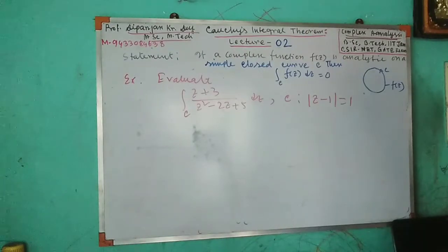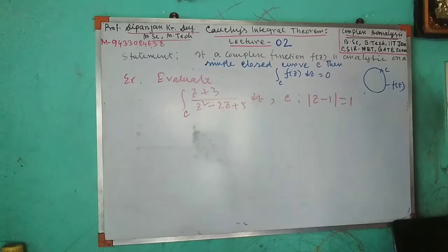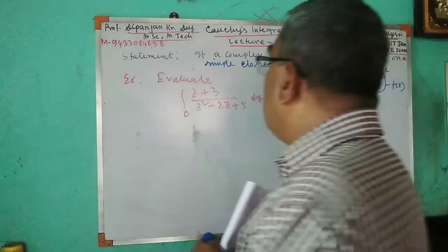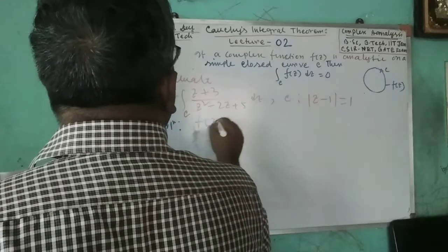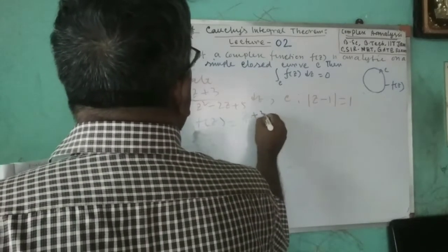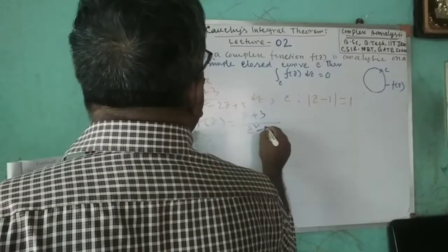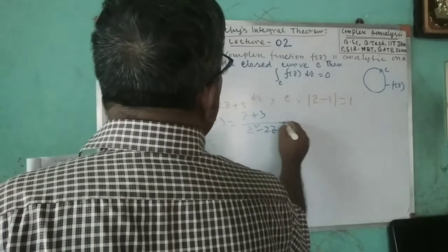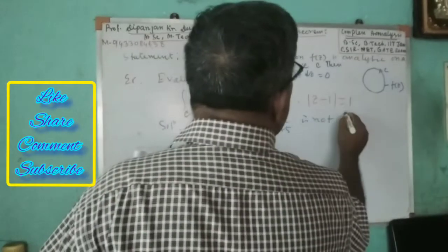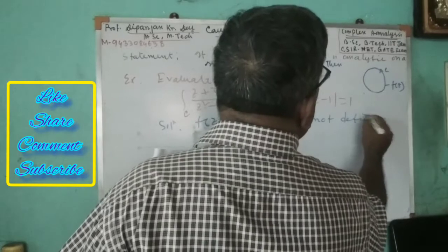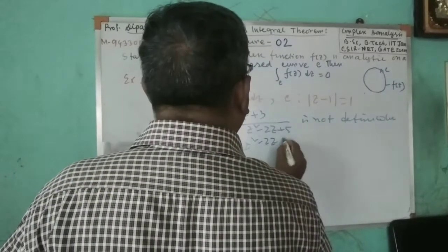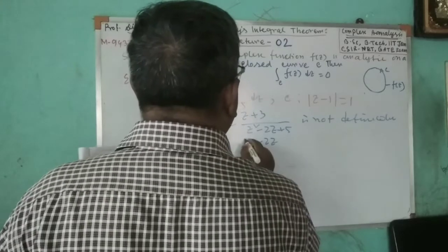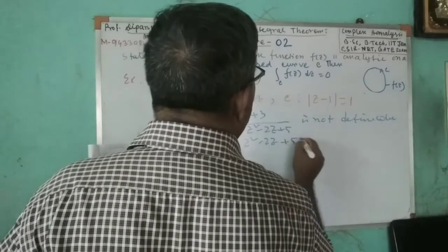Okay. So when f(z) is not analytic, then what will you do? We have to see f(z) equal to this. Solution: f(z) = (z + 3)/(z² − 2z + 5) is not defined when z² − 2z + 5 = 0.